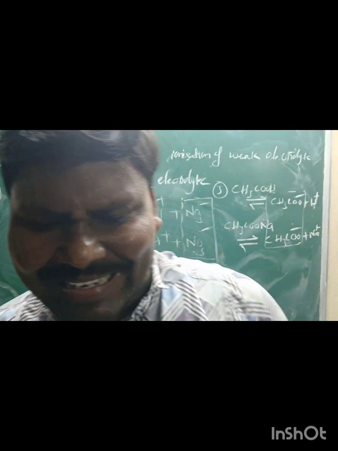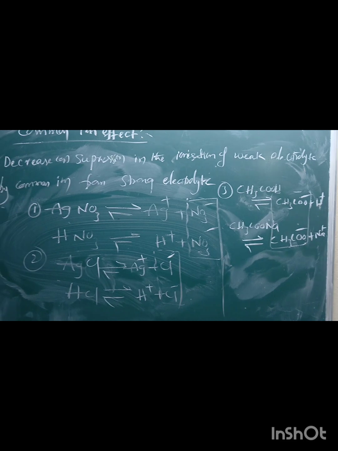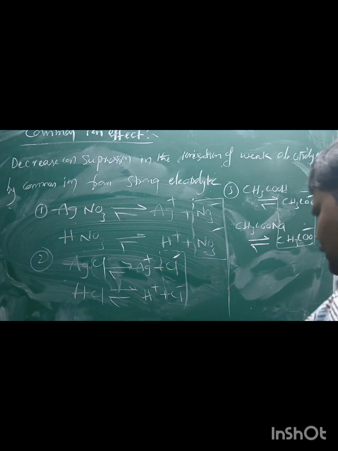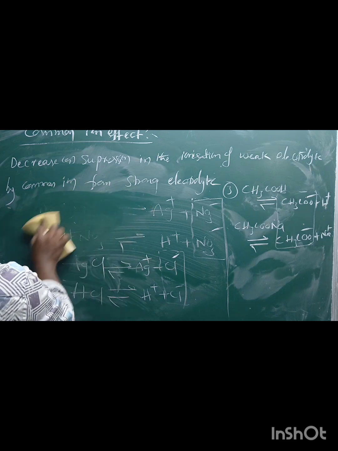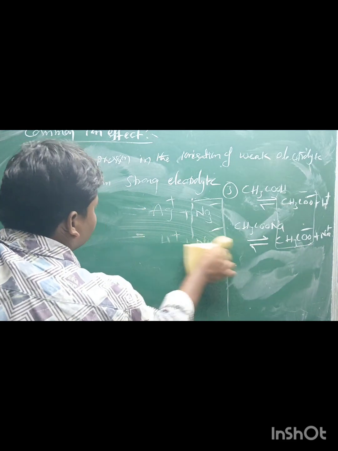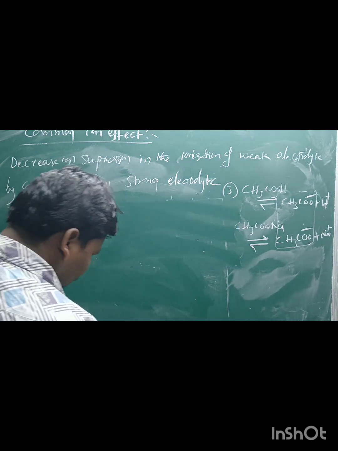Simply, decrease or suppression of ionization of a weak electrolyte by adding a strong electrolyte, by the presence of a common ion. There are so many examples.